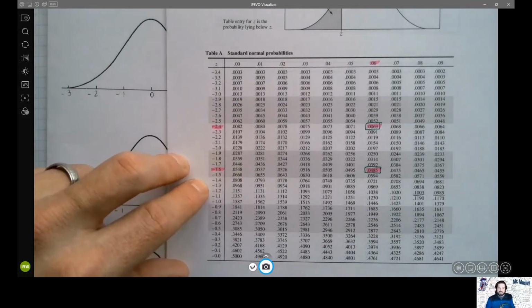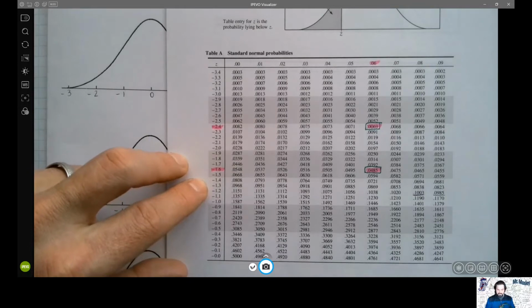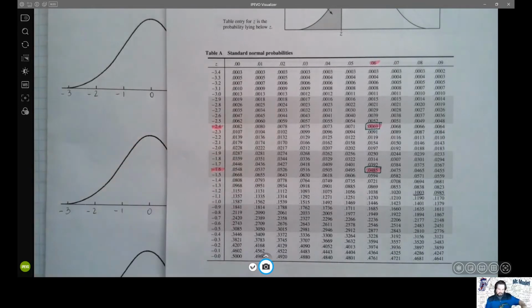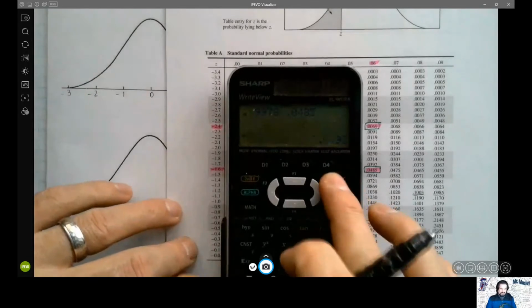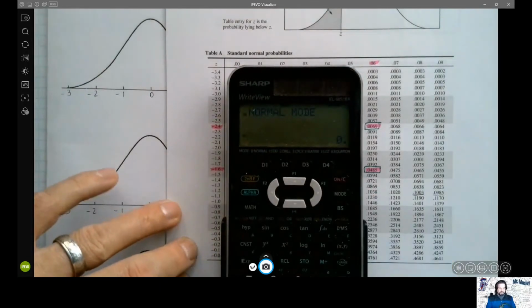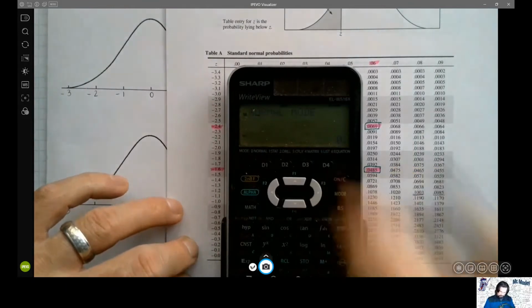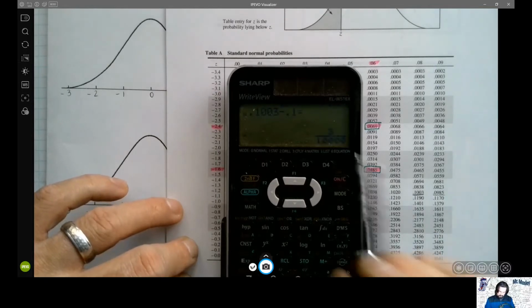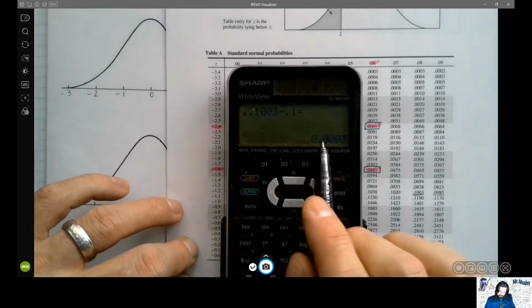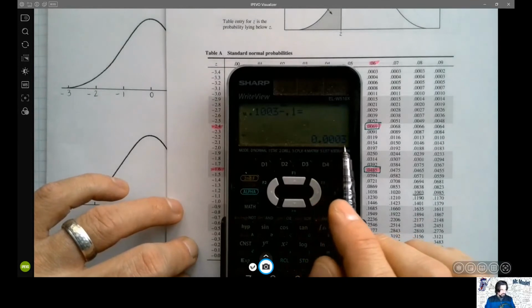I need to choose the one that is absolutely the closest to 0.10. So to do that, I'm essentially going to find the distance from 0.1 to these numbers. I'm going to say 0.1003 minus 0.1, and I get 0.0003.